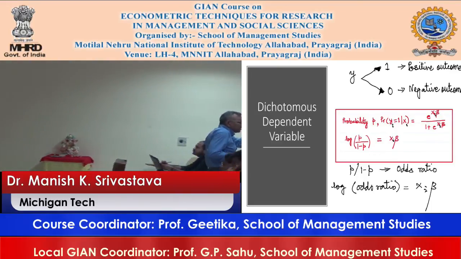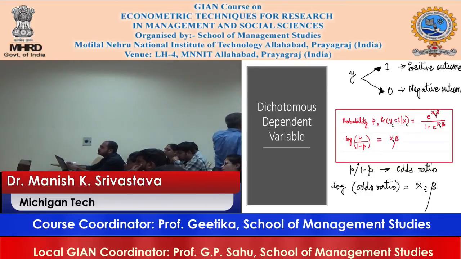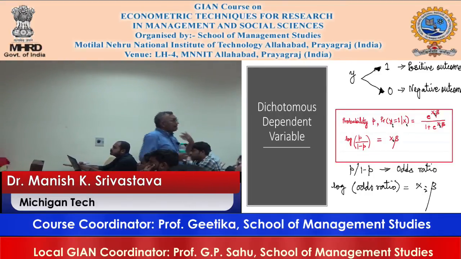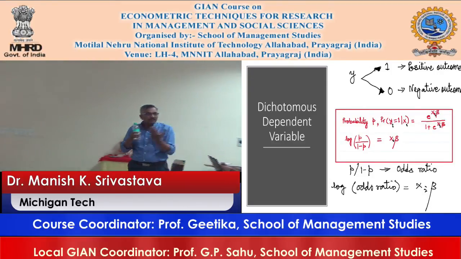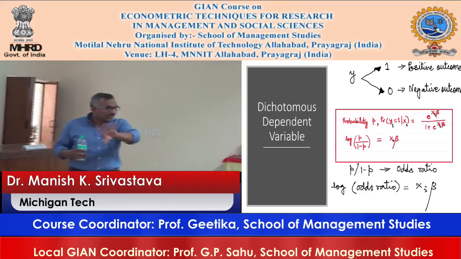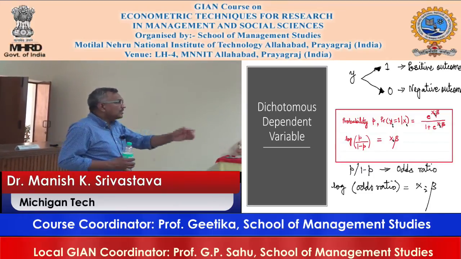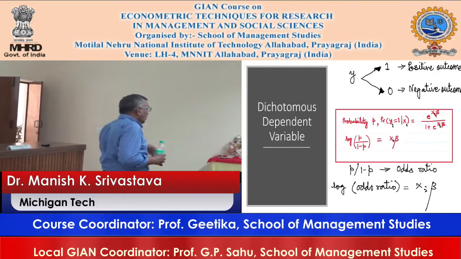The occurrence of death versus not occurring a death, having an accident or not, buying an insurance or not buying an insurance. So for any variable, we are trying to predict how, if something x1 changes, your probability of buying an insurance changes.